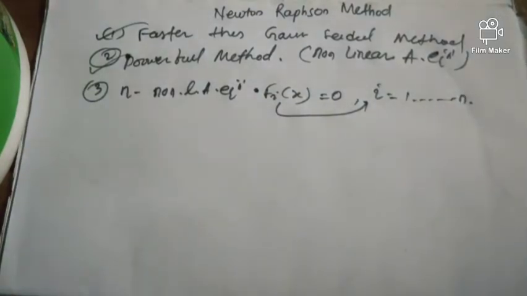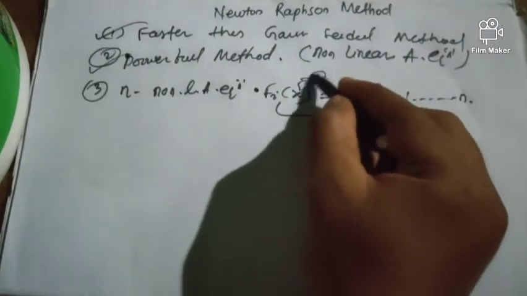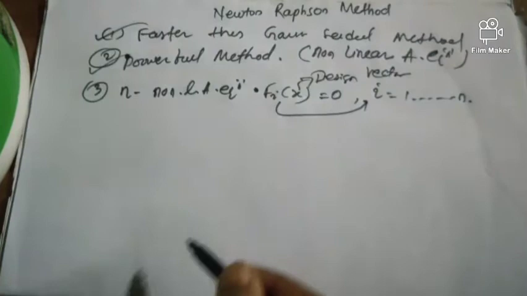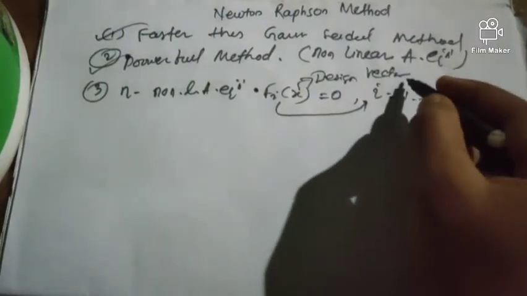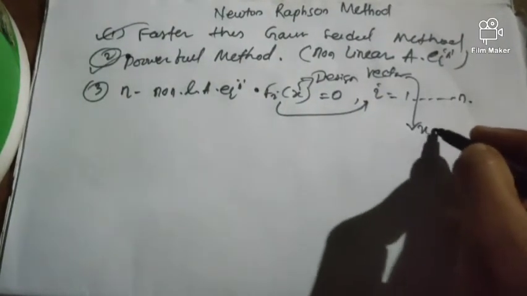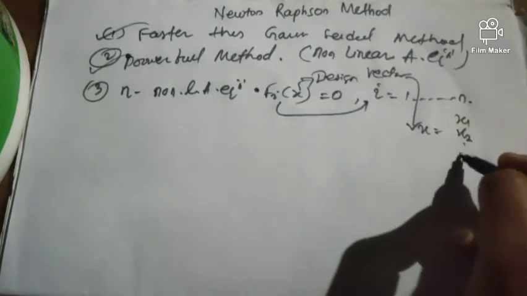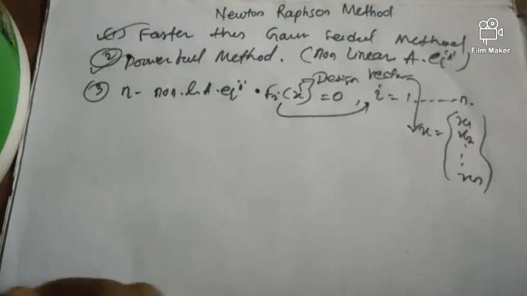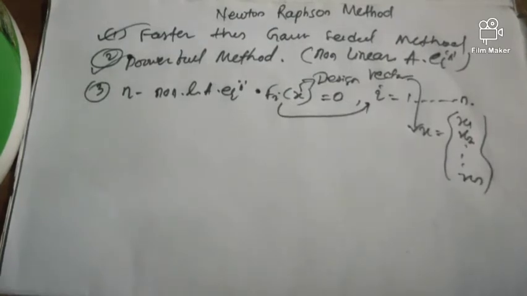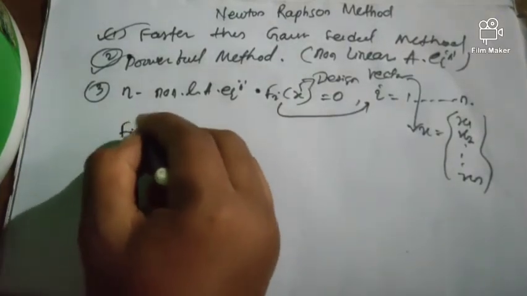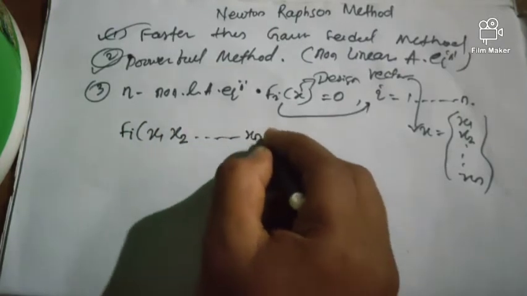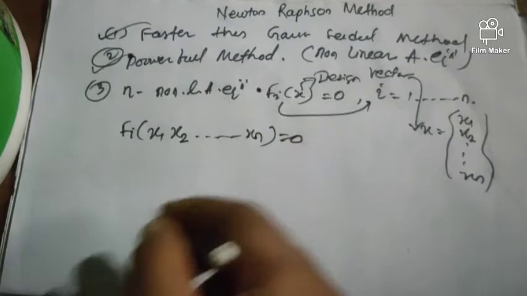Here x is your design vector, having the terms x1, x2 up to xn. So we can also write the equation as f_i(x1, x2, ..., xn) equal to 0.